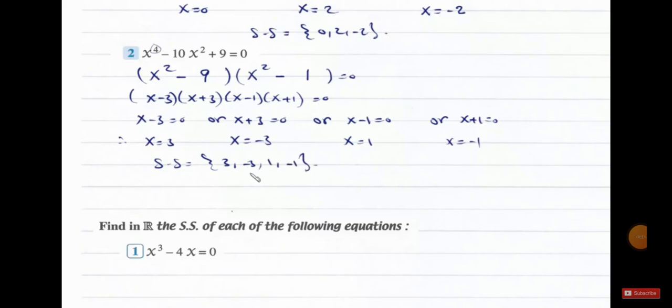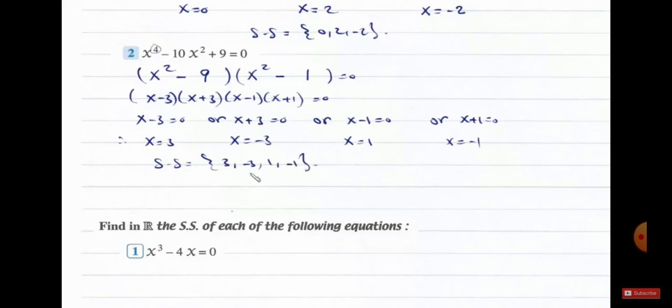Another example, x⁴ - 10x² + 9 = 0. By factorizing by scissor, we get (x² - 9)(x² - 1). By factorizing the two brackets by difference between squares, we get (x - 3)(x + 3)(x - 1)(x + 1) = 0.